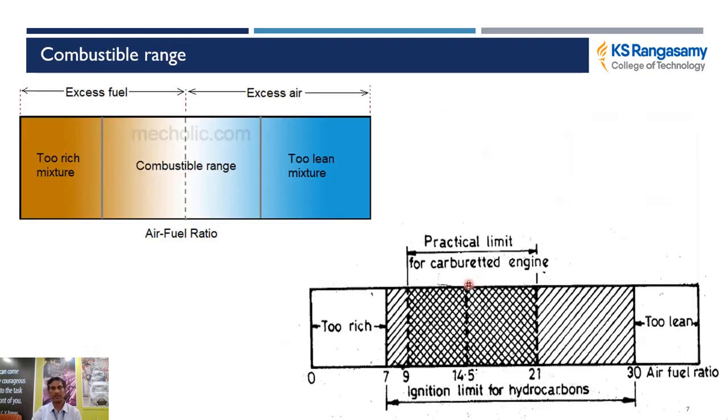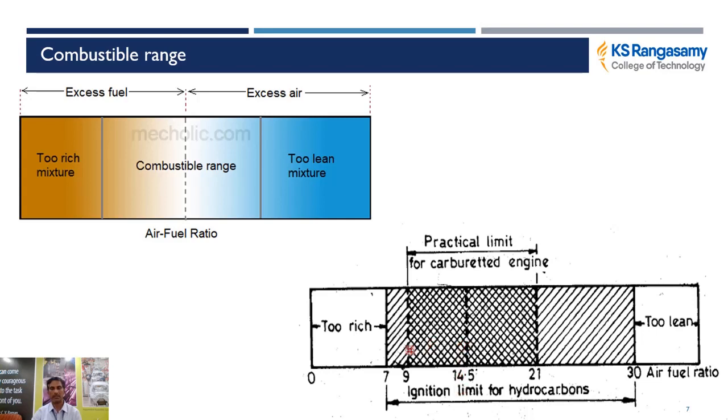Next, the band of range where the vehicle can do the combustion process and we get the mechanical energy output, from the minimum air fuel ratio to the maximum air fuel ratio. We know the reference point is 14.5, called the stoichiometric air fuel ratio.